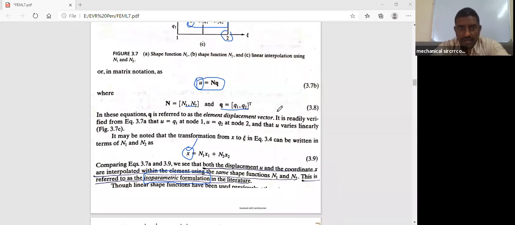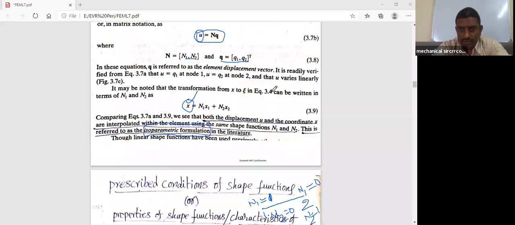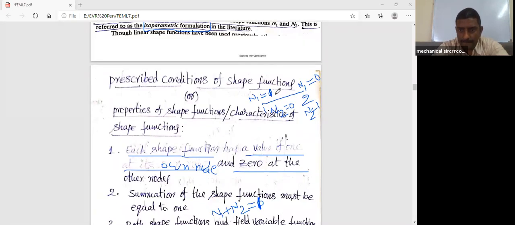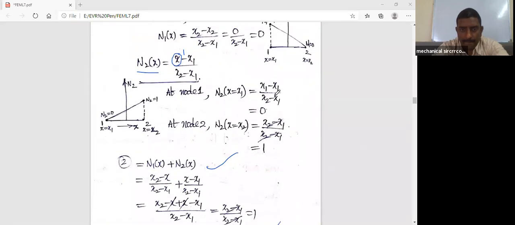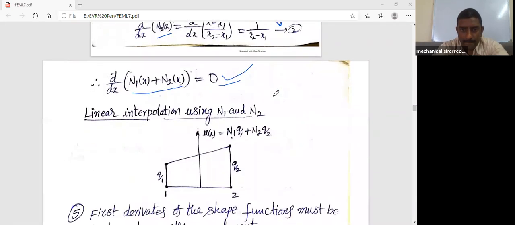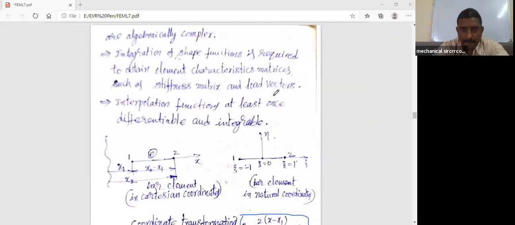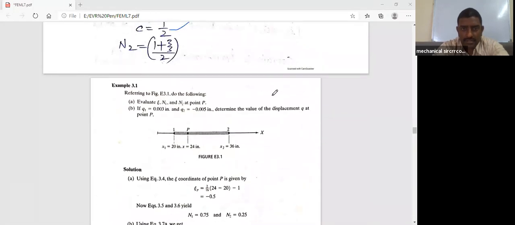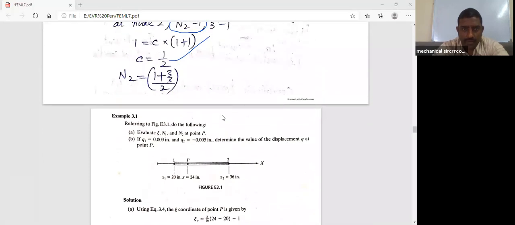After getting knowledge about shape functions, let us do one problem on this concept. This is the problem. Referring to the figure, this is an element in the global coordinate x-axis.